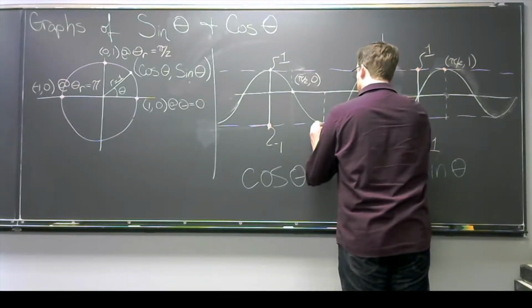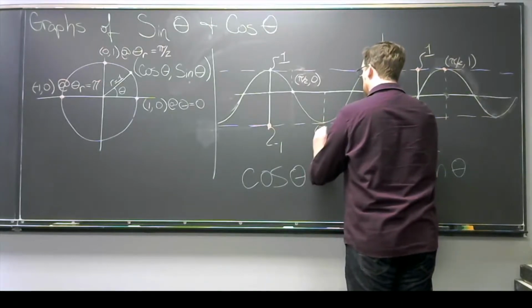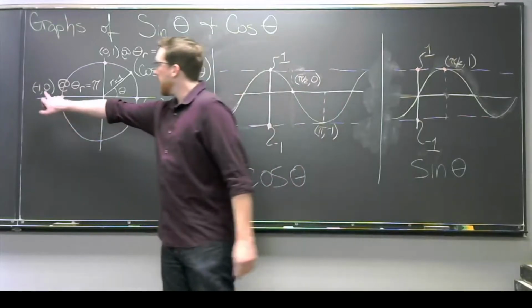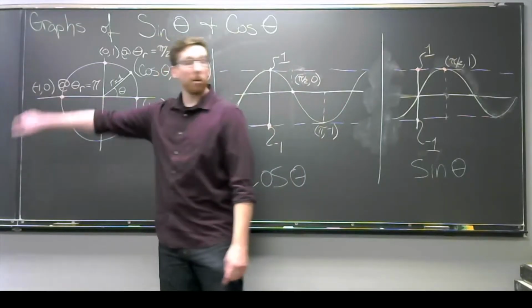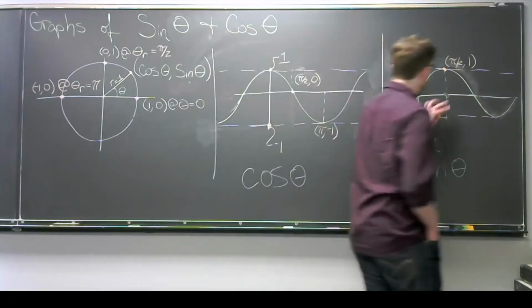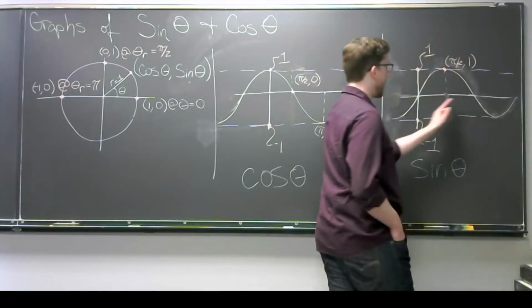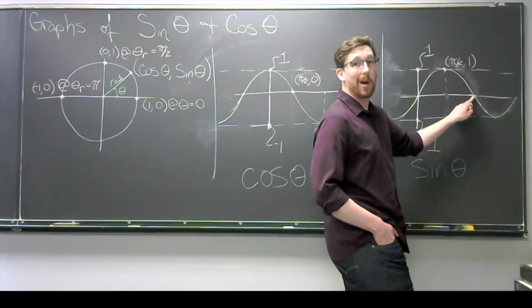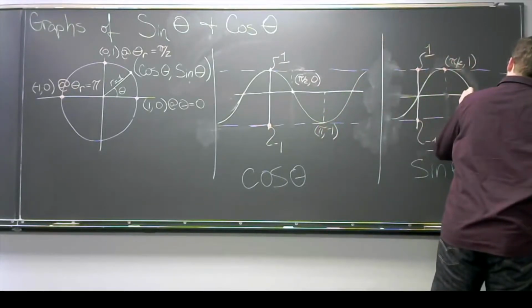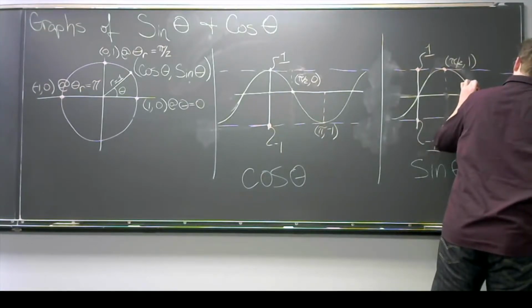This is the point pi, comma, -1. And our sine value is going to be 0. So looking at our graph over here, moving on through, we see that it's our x-intercept. Pi, comma, 0.